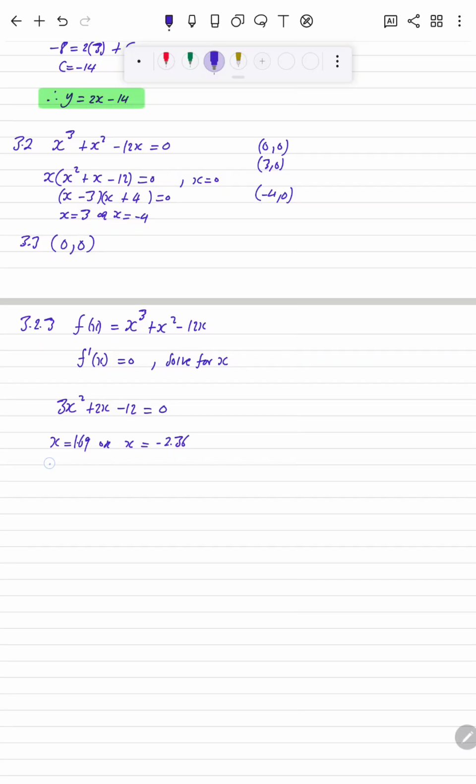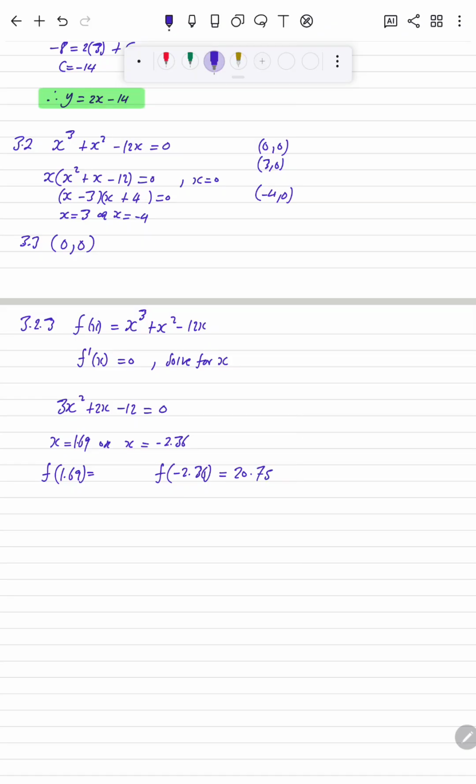So we need the y coordinate. You're going to find f of 1,69, and then you're going to find f of negative 2,36. So we go to the original function and substitute there to get the corresponding values of y. Negative 2,36 will give us 20,75.